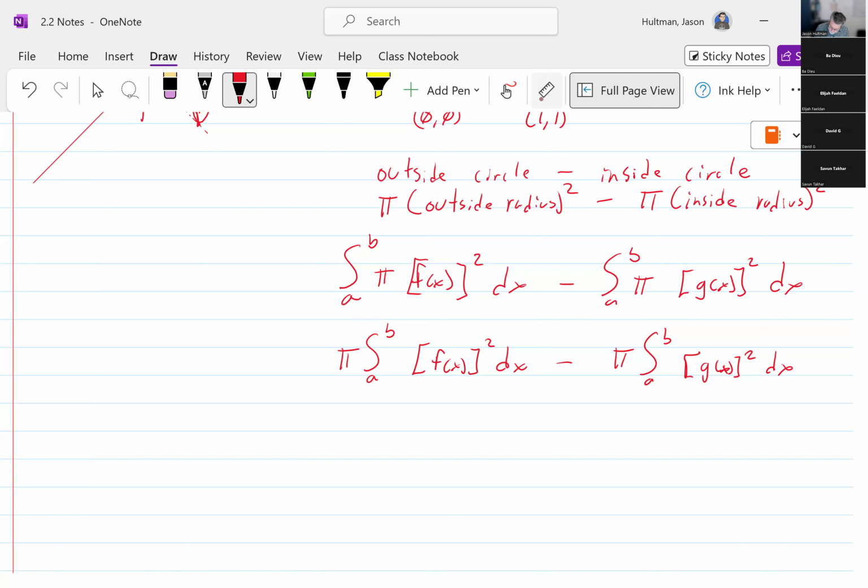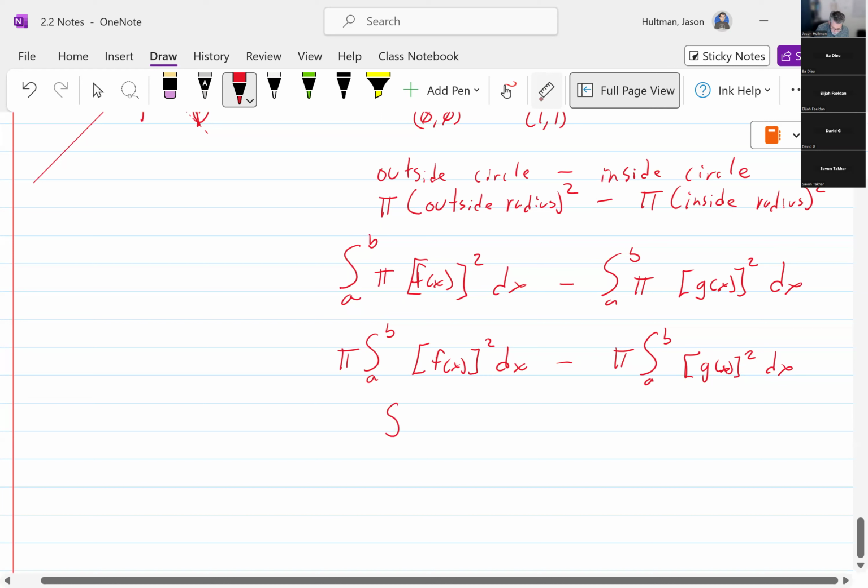Okay, this can be pi times the integral from A to B of f of x squared minus g of x squared. Pulling the pi out in front, I just factor the pi out.